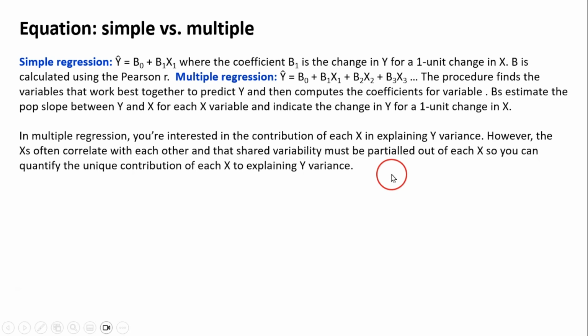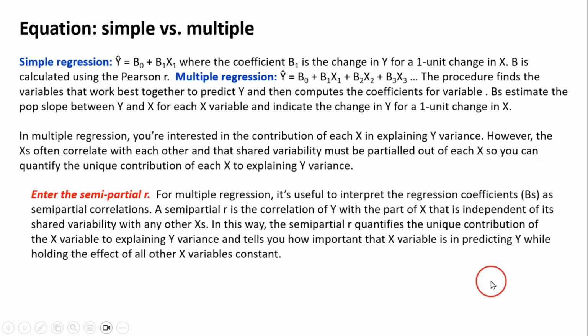And so we have to come up with a procedure that'll allow us to get rid of some of the shared variability between each of the x's, so we can get the part of each x that only correlates with y, so that we get the unique contribution of each x to explaining y variance.